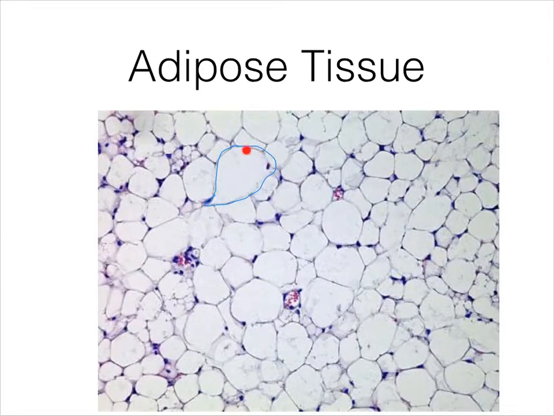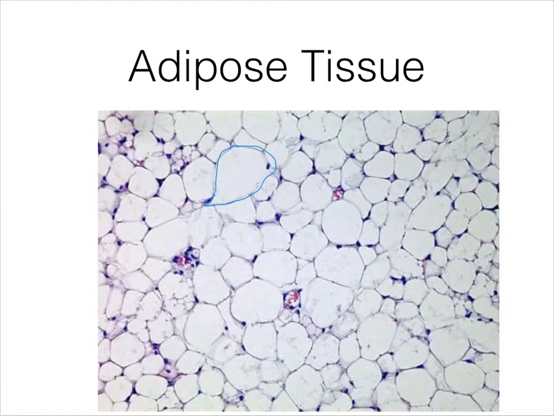This large empty area, that's the fat storage globule, and fat does not usually stain very well, so it looks empty because it's unstained. The nucleus does stain well, and it's usually going to be pushed to the side. So you're going to be looking for large cells that kind of look like foamy bubbles.